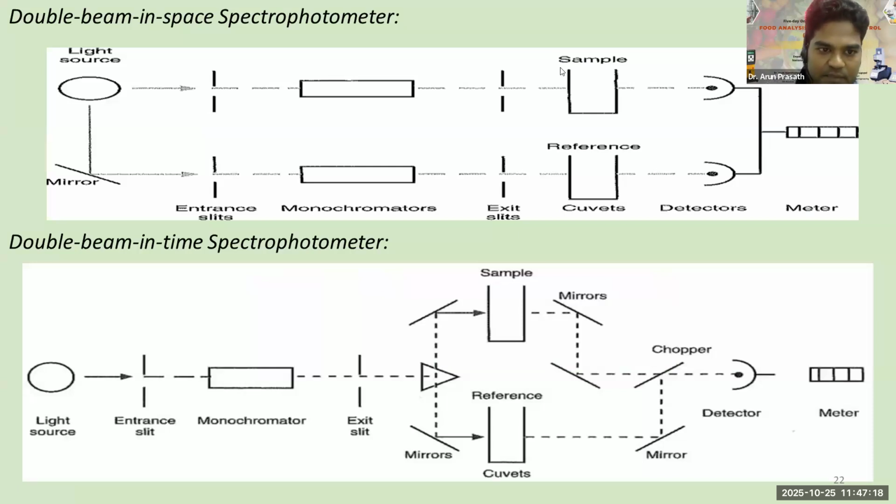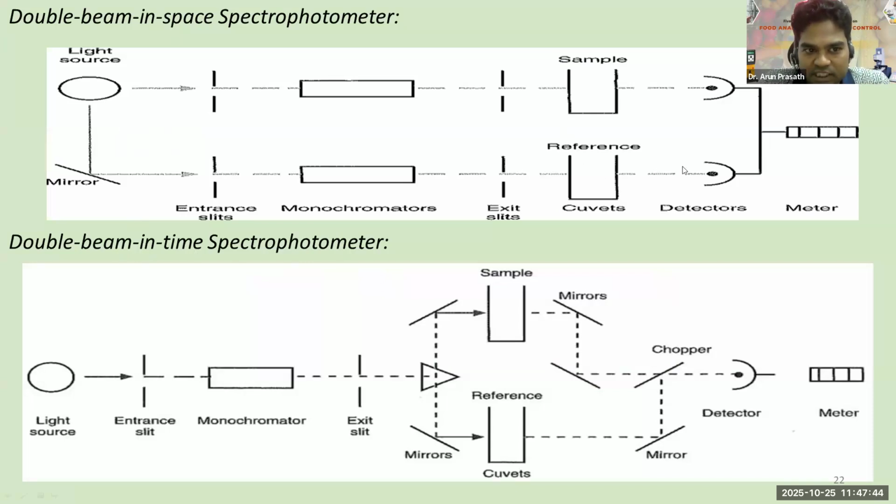This is the schematic of a double beam in space and a double beam in time spectrophotometer. The light source enters a mirror; initially the light is taken to a sample, and similarly the same light source is mirrored and passed through a monochromator and then through the reference.